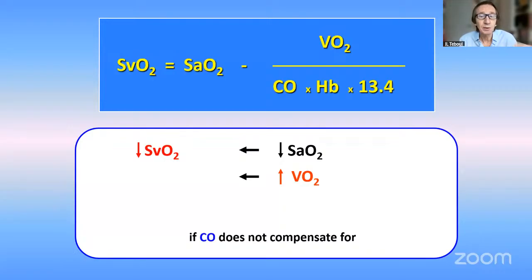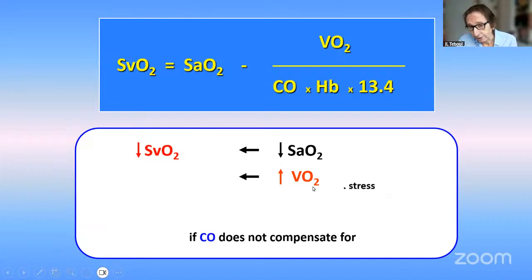You have an increase in oxygen demand, an increase in oxygen consumption, which follows the increase in oxygen demand, and cardiac output also increases during exercise, as you know, but sometimes not enough to compensate for the increase in oxygen consumption, and therefore you can see a decrease in SVO2. But for moderate exercise, in general, SVO2 is relatively stable.